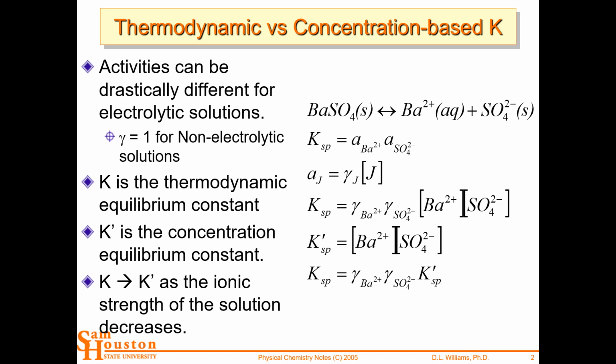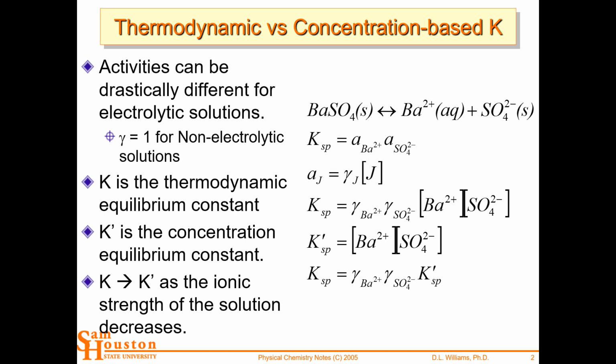For non-electrolyte solutions like ethanol and water, the activity coefficient is 1. So whatever the concentration is you calculate for ethanol, it's going to go into water, and it's not going to be changed by the charge of that solution. But all the ions are going to react to the charge of the solution. And so we need to calculate the ionic strength.